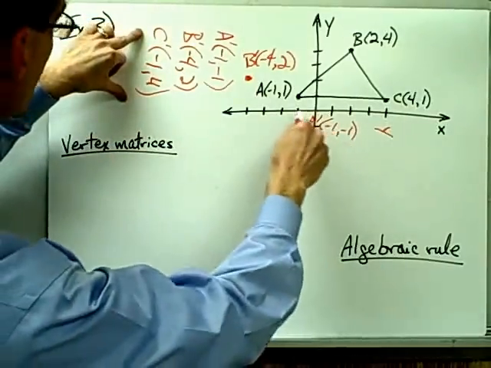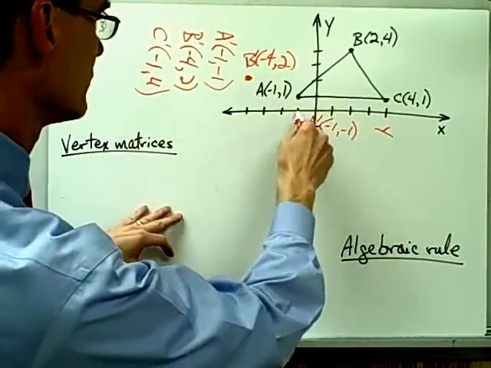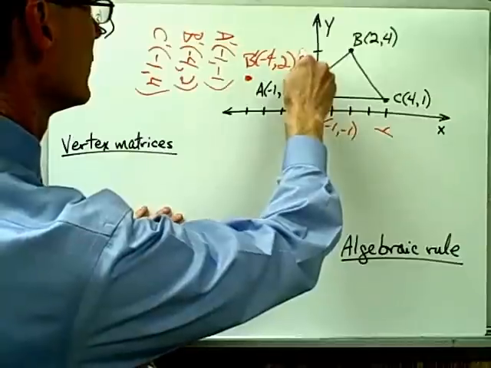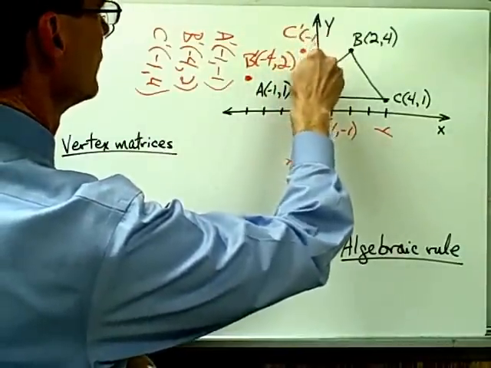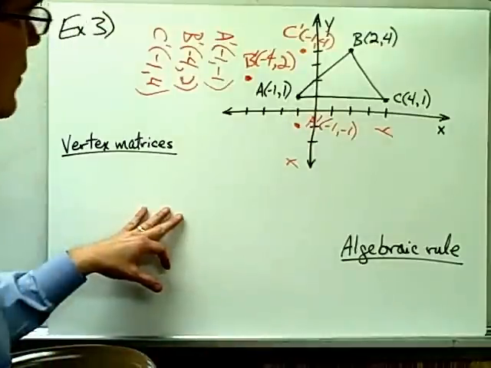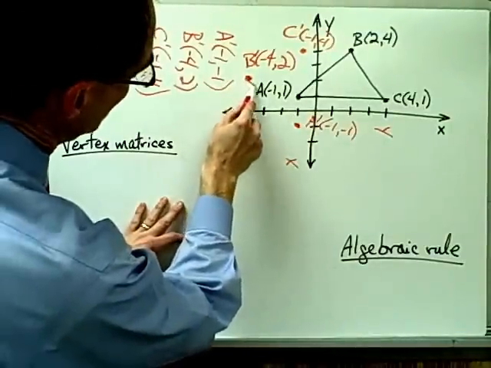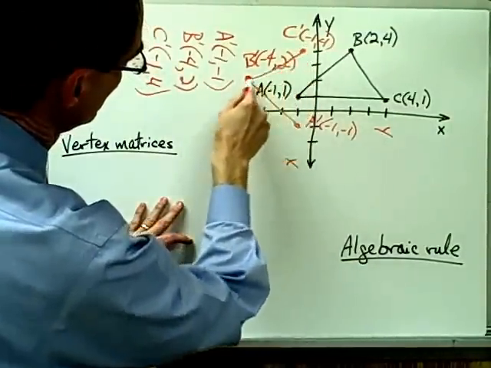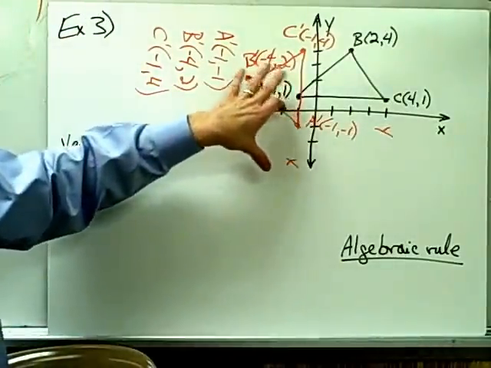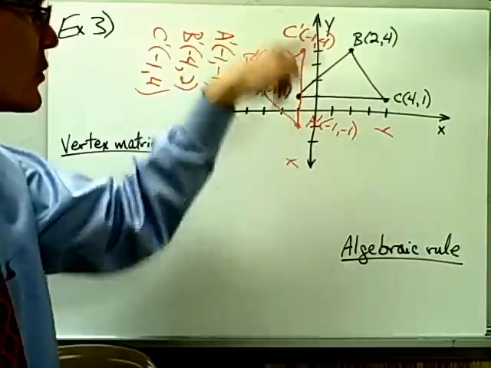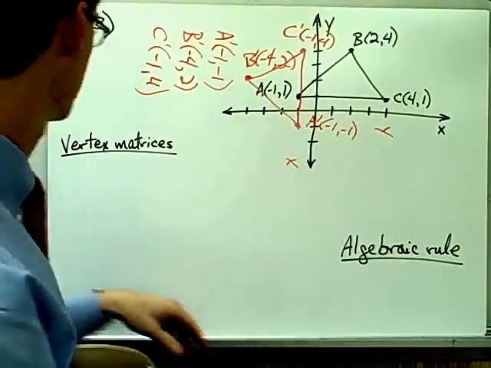And C prime is -1, +4. So here's C prime. And again, I connect up my vertices. And here is my original triangle rotated 270 degrees clockwise.